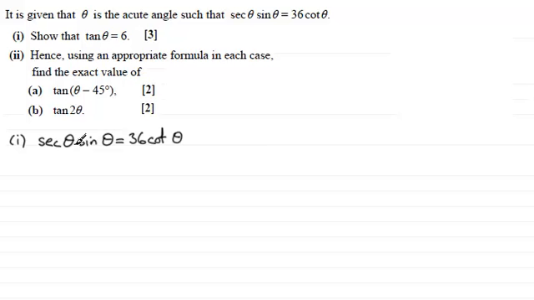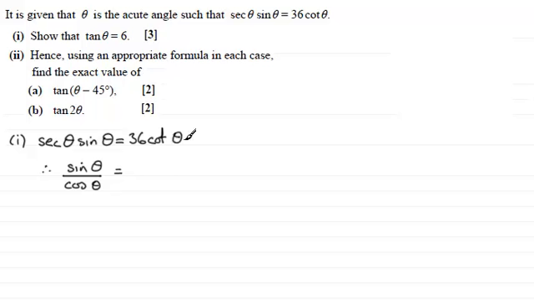So I want to reduce this equation in terms of tan theta. And I can see that sec theta is 1 over cos theta. And 1 over cos theta multiplied by sine theta is therefore going to give me sine theta over cos theta. And I can see that that is tan of theta. We'll pick that up in a moment.